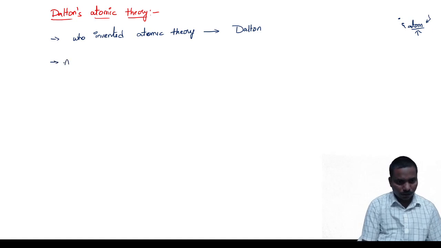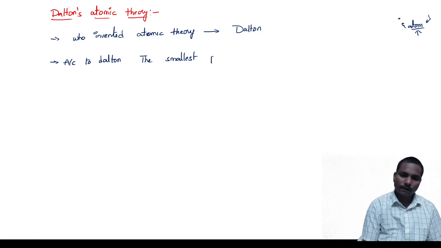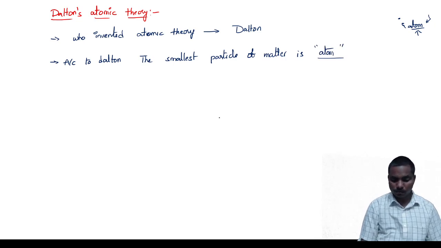According to Dalton, the smallest particle of matter is called an atom.